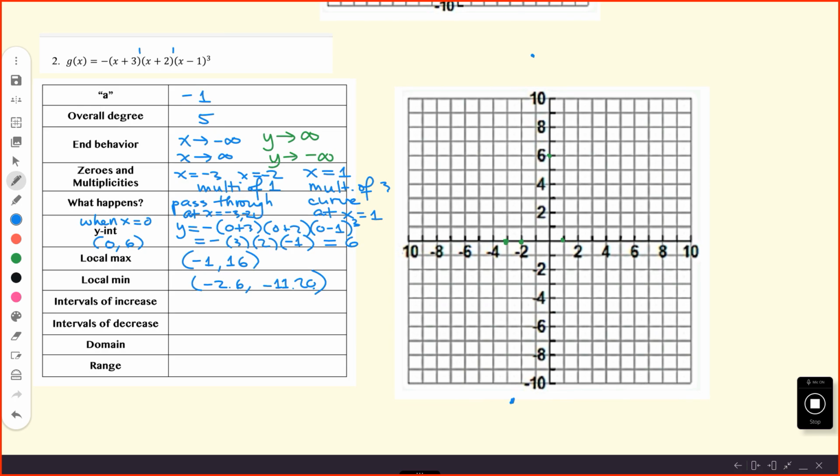Now, we know the end behavior: we start from the top, right? Because it rises. So from the first x-intercept, we're going to start from the top. Make sense? It's going to pass through the first x-intercept, the first 0, from the left, and go down all the way to the minimum.